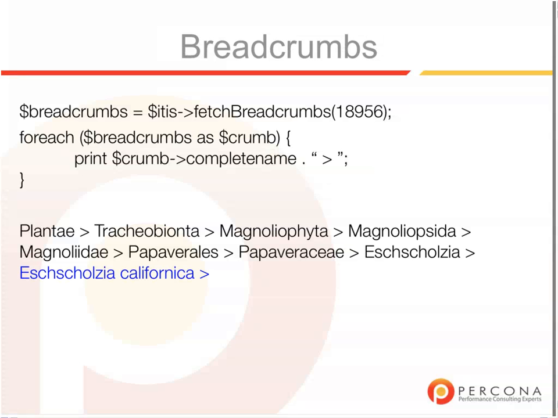Once I have my table object, I can simply fetch breadcrumbs and give it the ID value of the California poppy, and that hands me back an array, which I can then output with a separator of an arrow, greater than symbol.